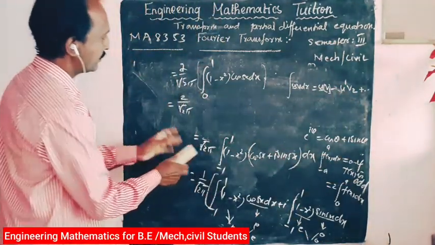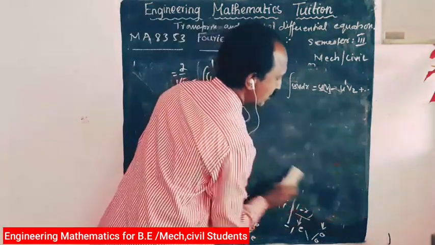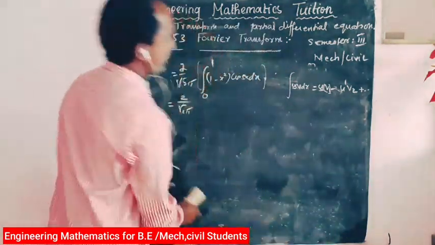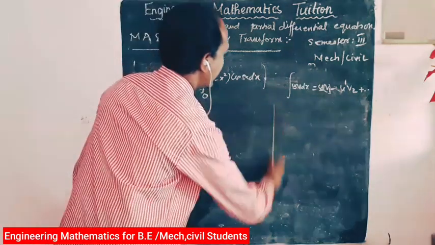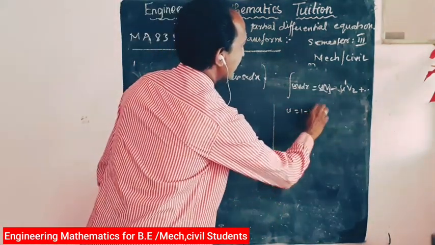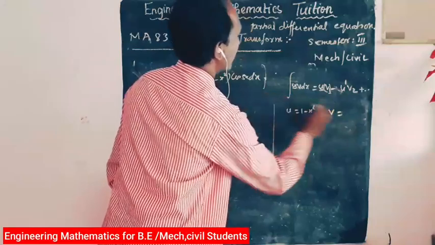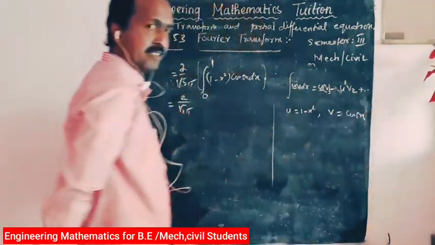In this problem, we take u equal to 1 minus x squared and v equal to cos sx.